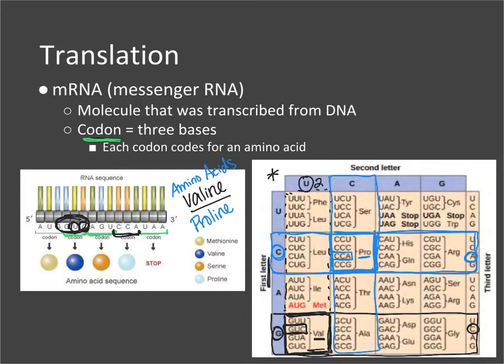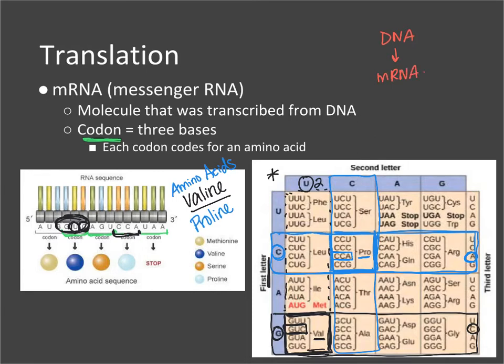So if we have a sequence of DNA, we can then figure out what the sequence of mRNA is going to be, and then we can figure out what the codons are, and then use this chart to figure out what the amino acid sequence is. So essentially, to break this down, you have DNA that gets converted to mRNA.